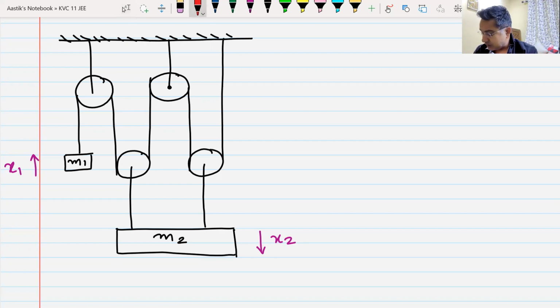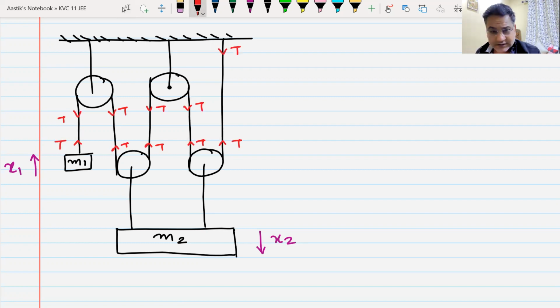And how are we going to do this? We will just draw tension T on the first string.